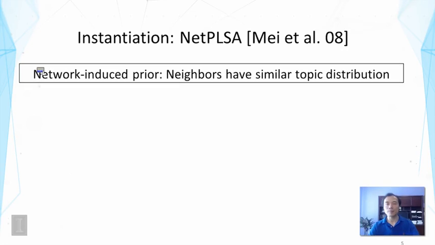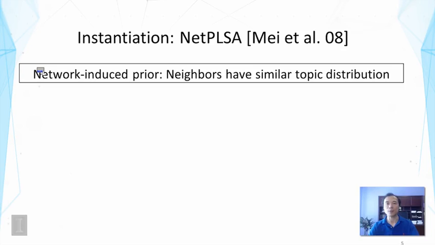But here in the paper referenced here, a particular instantiation called NetPLSA was studied. In this case, it's just an extension of PLSA to incorporate some simple constraint imposed by a network. And the prior here is that the neighbors on the network must have similar topic distributions.